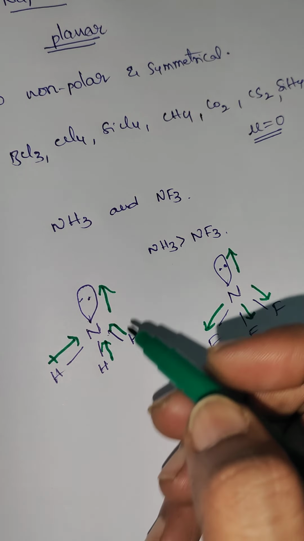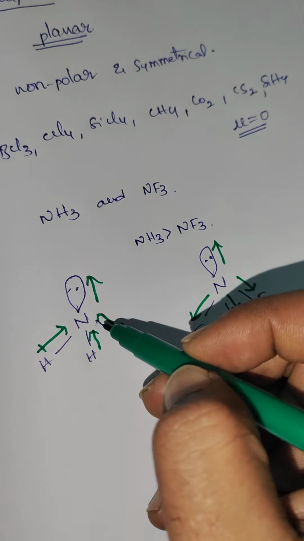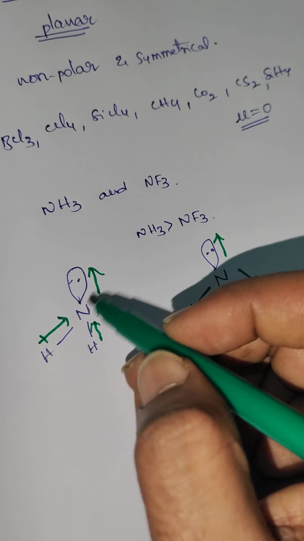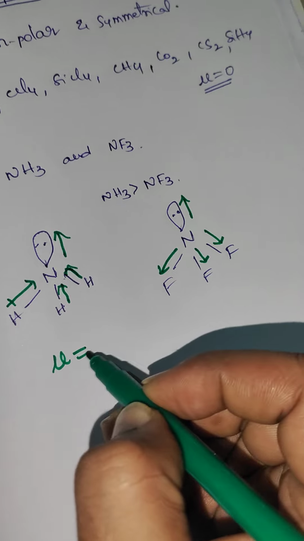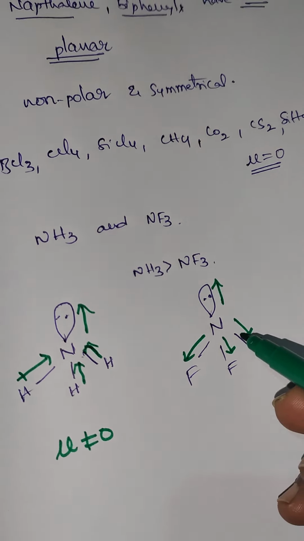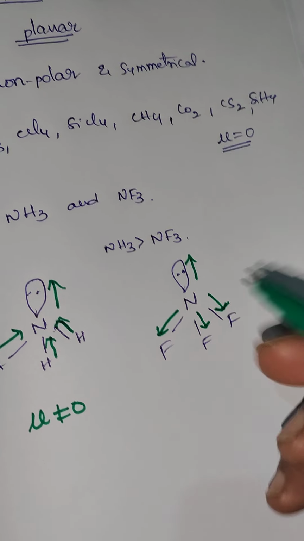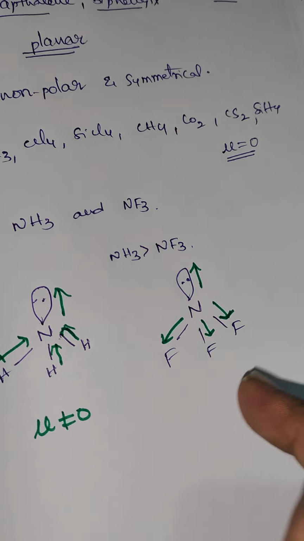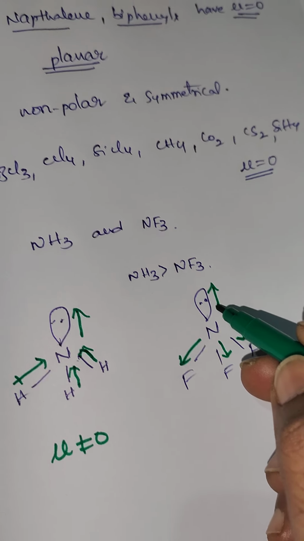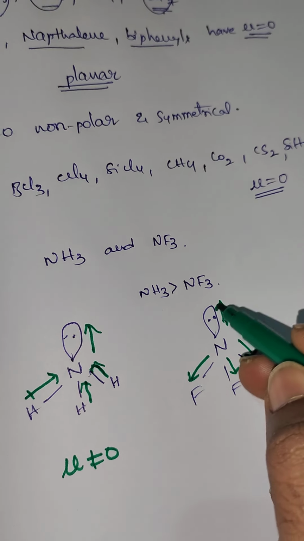When you observe this, all directions are the same, so the atom has some movement. That means they have polarity, so the dipole moment is not equal to 0. But when compared to ammonia, NF3 has less dipole moment. What is the reason? Here the dipole moment direction is like this.